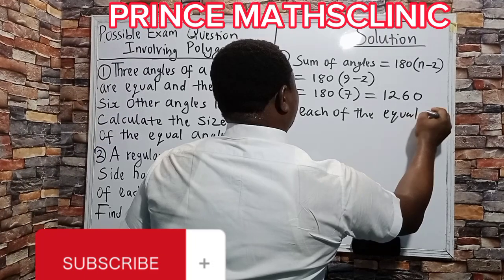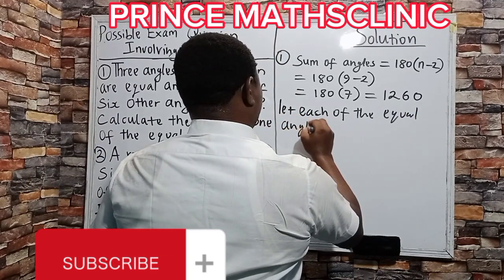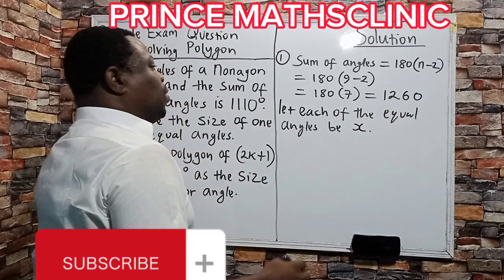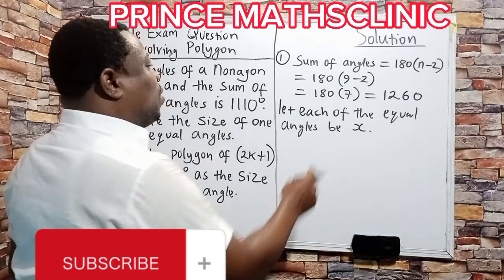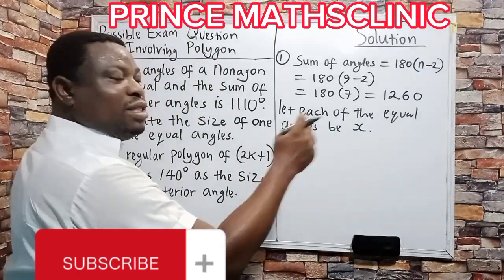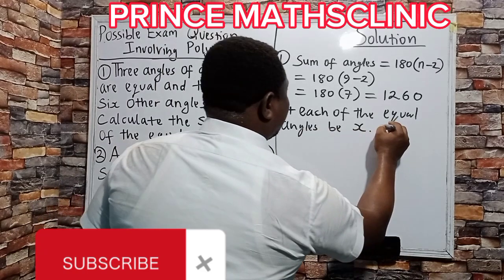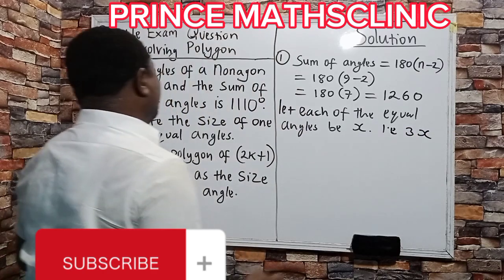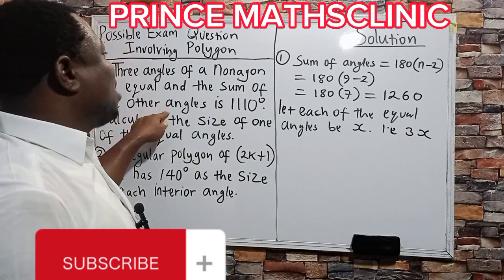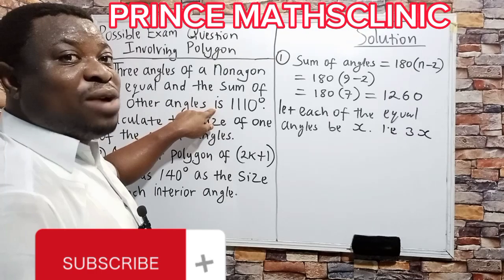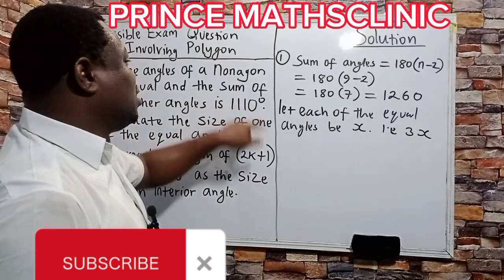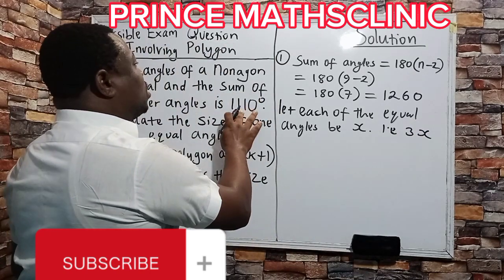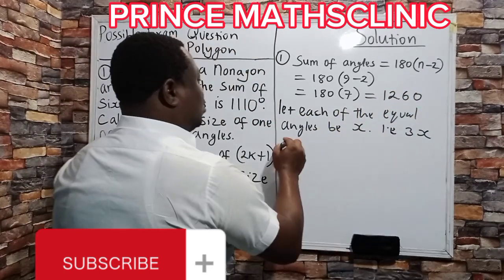So let us say let the equal angles be x. So if 3 of the angles are equal, that means we have x in 3 places. So that is 3x for the 3 angles. Then the 6 other angles, the sum of the 6 other angles is what? 110. So if I add up my 3 angles and this one, I should get this as a total.